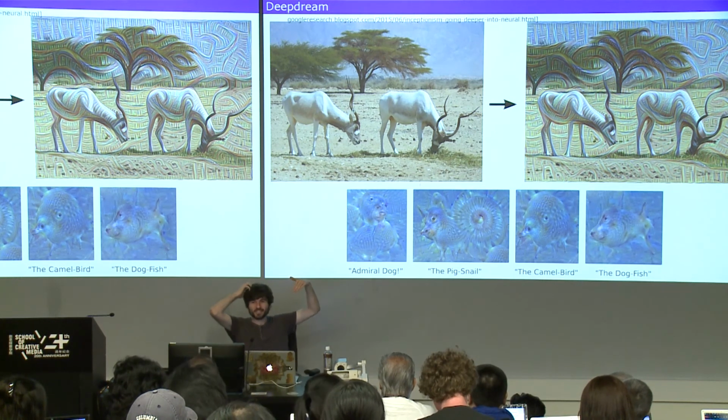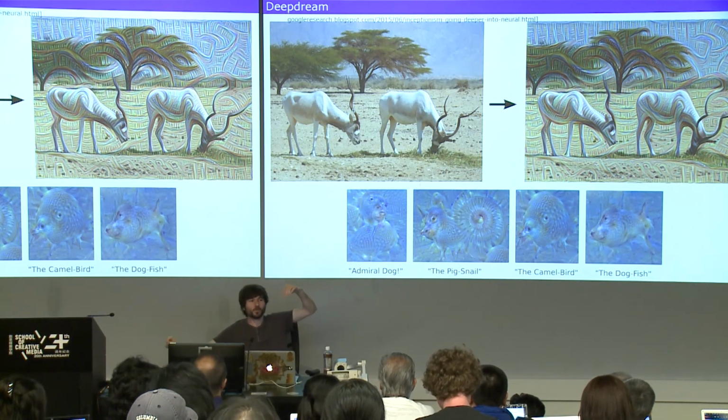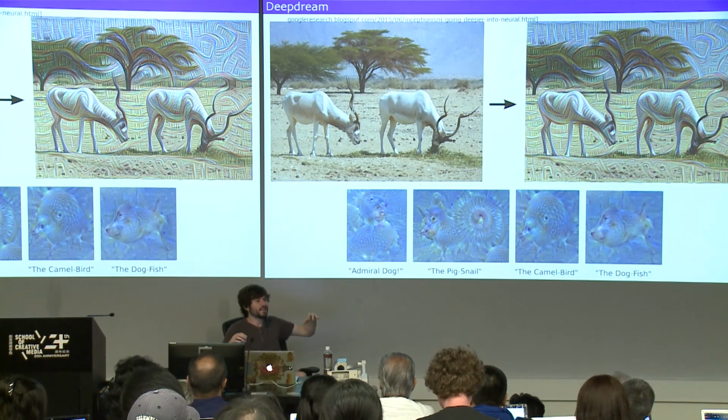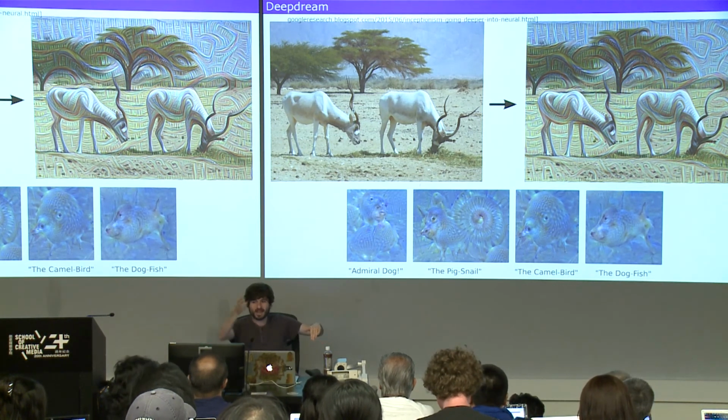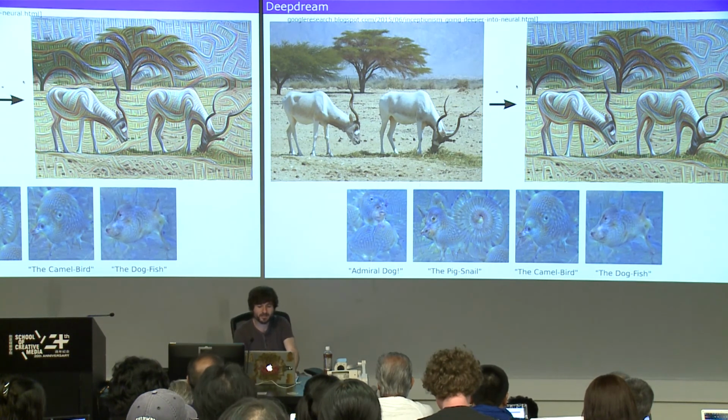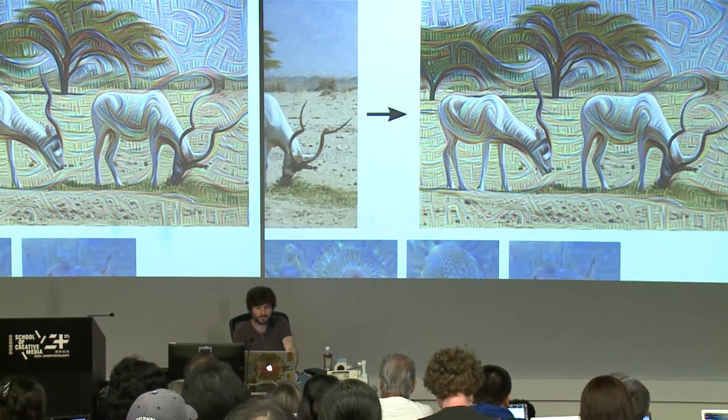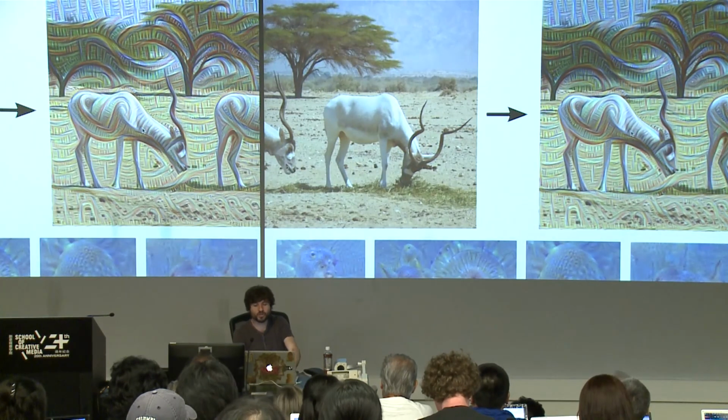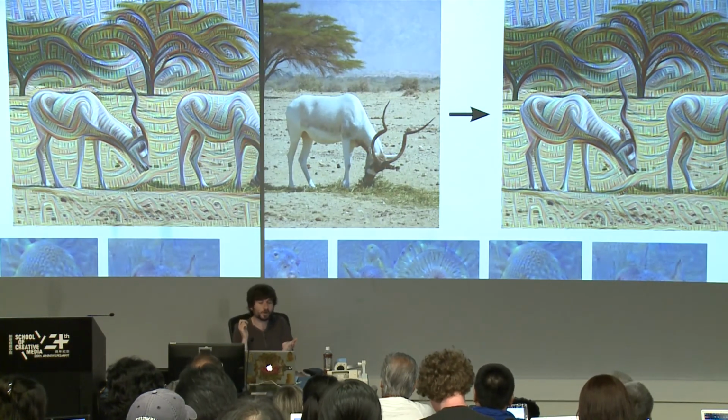Right? So basically its target isn't 0, 0, 0, 0, and 1 for some target class. Its target is to make the activations all higher. So what it does is it ends up finding patterns and enhancing them. And you can choose a particular layer that you want to do that on.